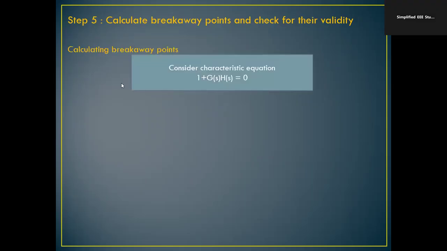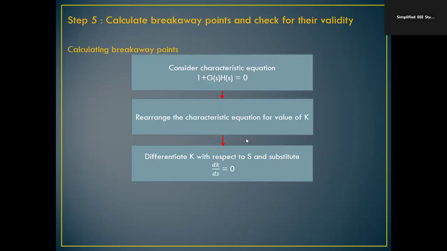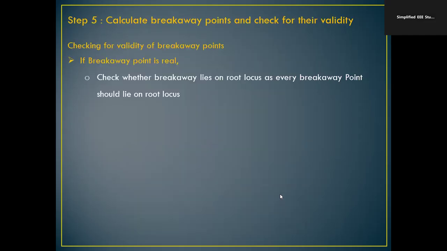Next is calculating the breakaway point. We found out there are two possible breakaway points. We have to compute the breakaway point. First of all, please write the characteristic equation: 1 plus G(s)H(s) equal to 0. G(s)H(s) is already given in the question. Rearrange the characteristic equation, separate the value of k. Later on, compute dk by ds equal to 0. Then you are able to get the possible roots.